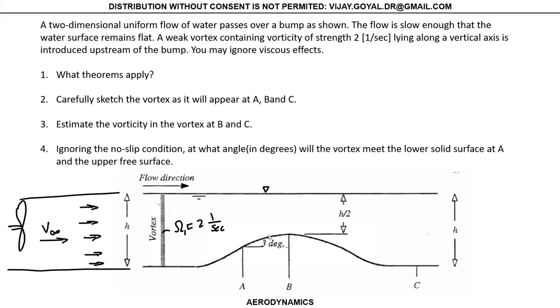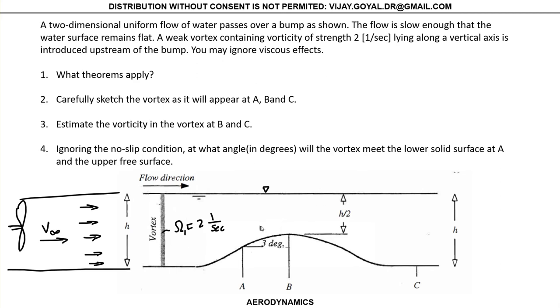So the question is, can we identify what theorems can apply in this particular scenario? Number 2, is it possible for us to draw what the vortices will look like at point A, point B, and point C? And is there a way that we can predict the value of the vorticity at those points as well?